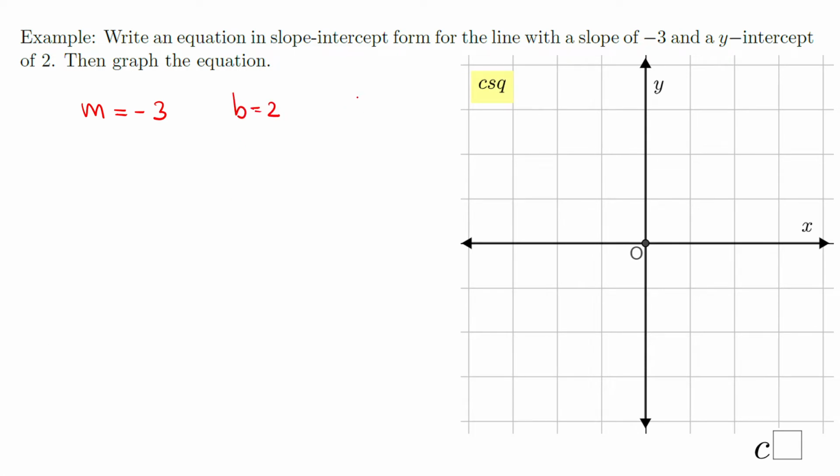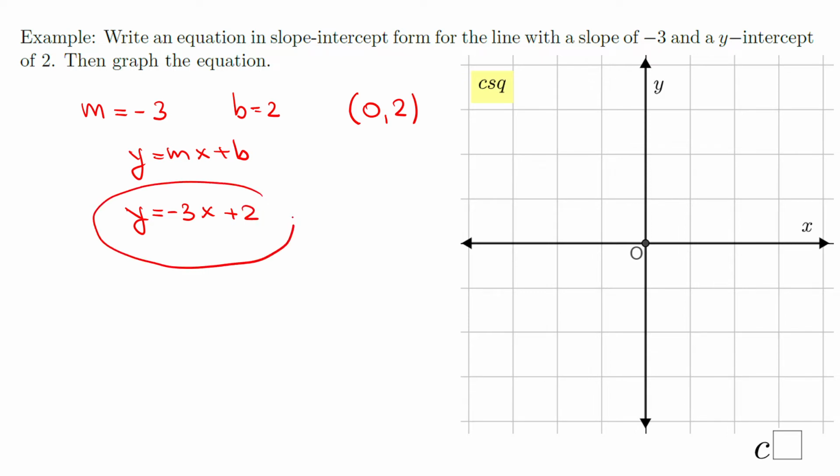Again, I think it's useful to remember the meaning in the coordinate grid. It's the point 0 and 2. So again, I'm going to write the slope-intercept form, and in this form I'm going to replace m with -3 and b with 2, and that's it.